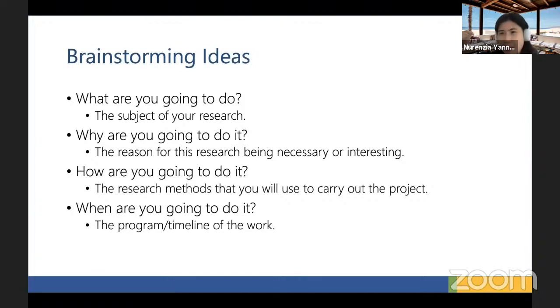So think about the timeline, because then it will give you some sort of idea of how big the research is going to be. Misalnya thesis, ya, thesis kan diberi waktu misalnya, I don't know, like 1 semester, so 4 months or 5 months. So it has to be something that is big enough.